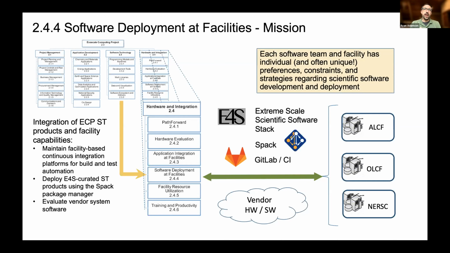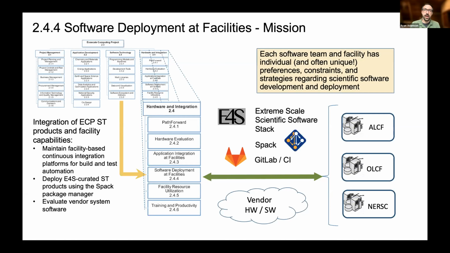And so our area, software deployment, really has three main focuses, right? Shazib leads the facility E4S deployment pieces of that, especially at NERSC. He's done some really awesome things and has documented a lot of that, as you've seen. Another major piece of our area is to maintain continuous integration.